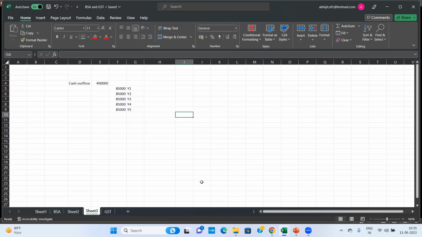Before that, I would like to know what do you understand by the concept of discounting? Do you have any idea about discounting? If not, I'm definitely going to explain. And if yes, then please write in the chat box. What is the discounting and why do we discount? Present value of future CFs. That's okay.